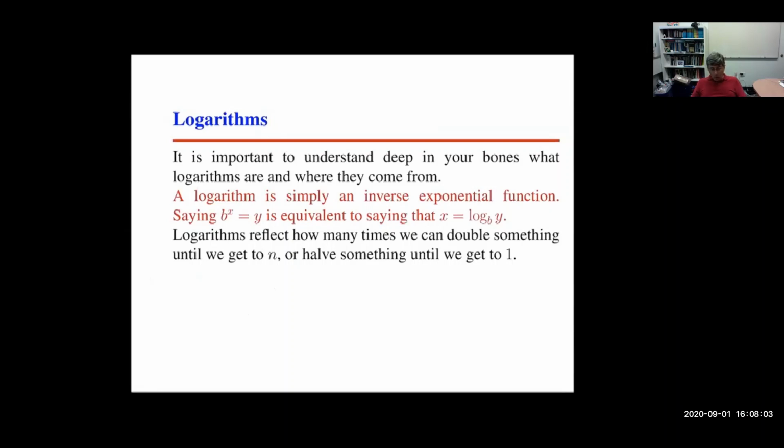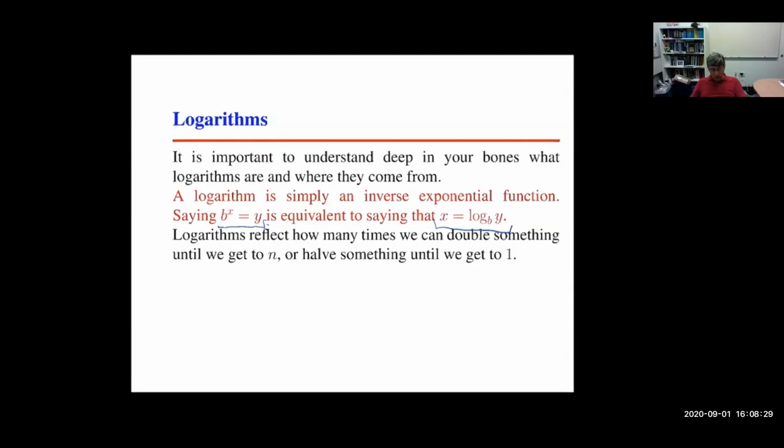When you say that y equals b to the x, what you're really saying is that x is equal to the log base b of y. A logarithm is basically: what is the exponent I need to raise something to in order to get to a target?